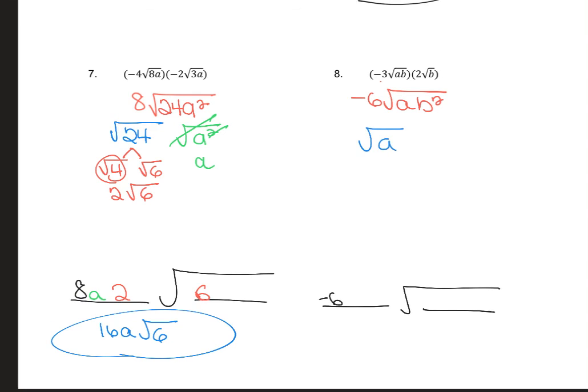I have root A and root B squared. Well, B squared, those cancel out and leave me with B on the outside. And the A is stuck with nowhere to go. And that is now on the inside. So I get -6B square root A. And we are all done.